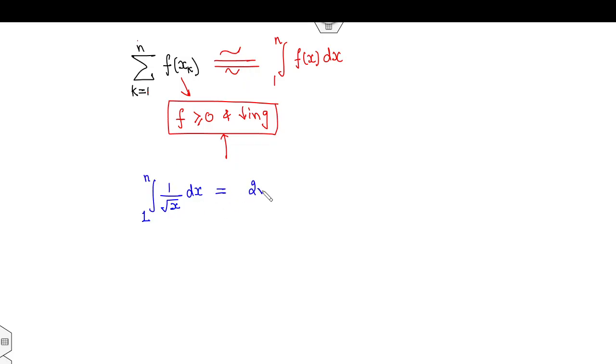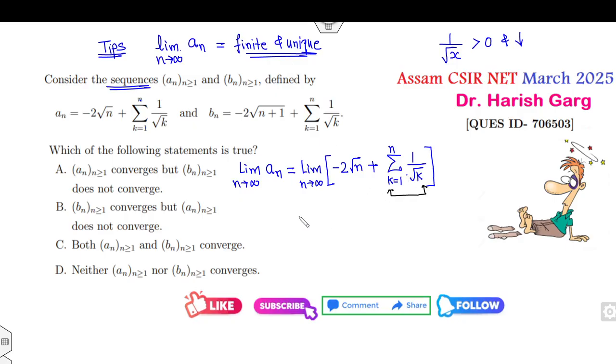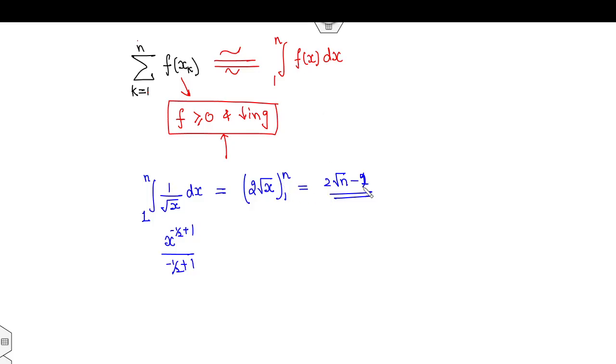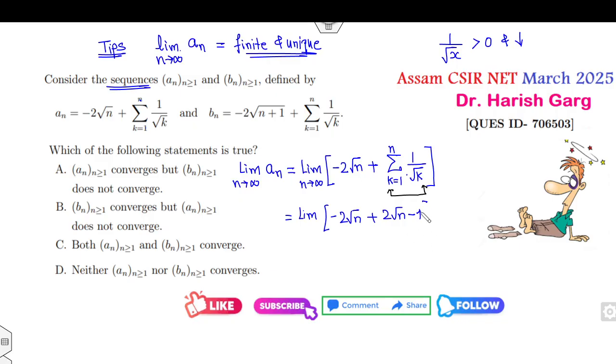It will be 2 root of x from 1 to n. You all know it will be x to the power minus half plus 1, over minus half plus 1. So the answer is 2 root n minus 1, and I can substitute this value at this point. So it is the limit of minus 2 root n plus 2 root n minus 2.